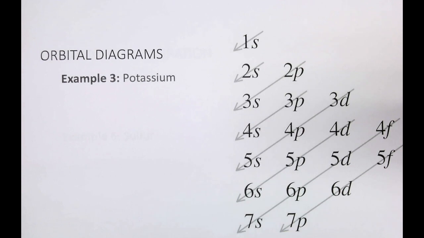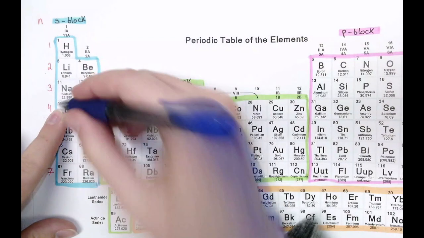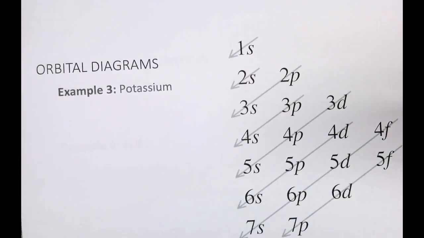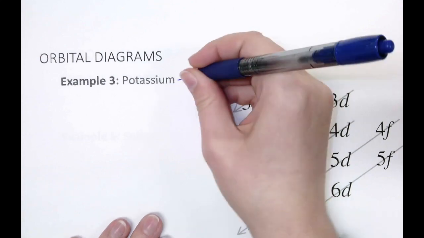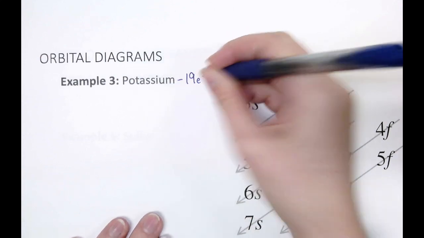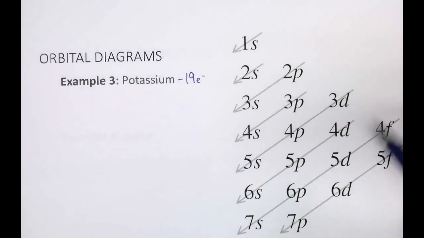So now let me show you how I would use this chart to do our third example. Our third example is potassium, which if we look on our periodic table, has atomic number 19. This means that potassium is going to have 19 electrons. Now, in order to use this chart, I need to know when to stop.